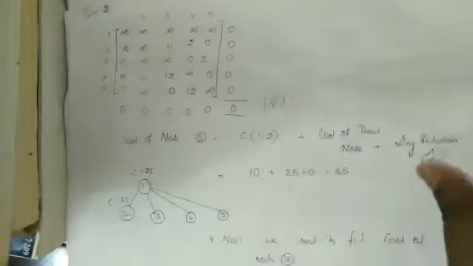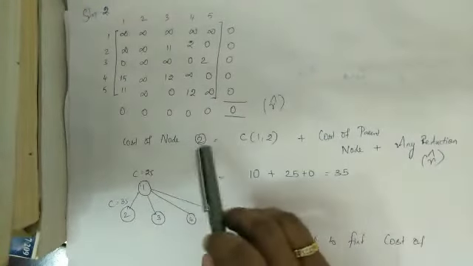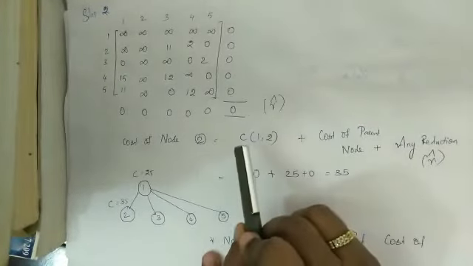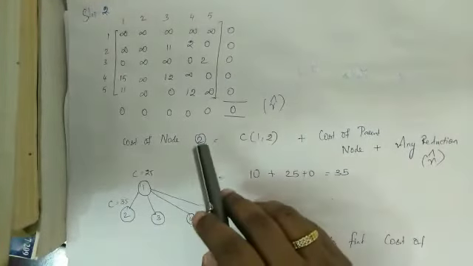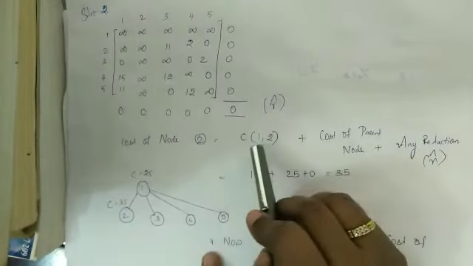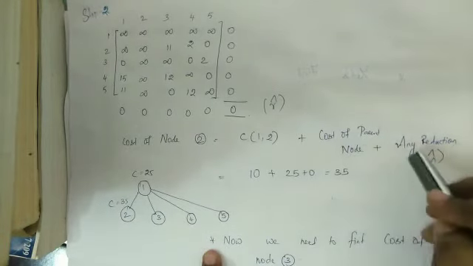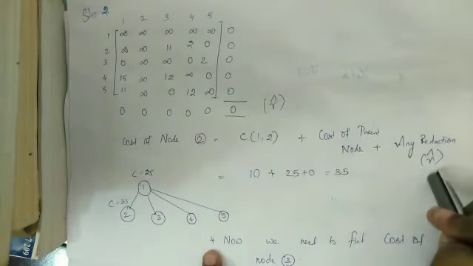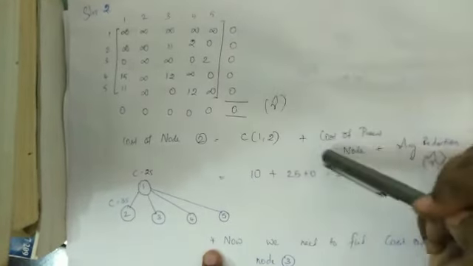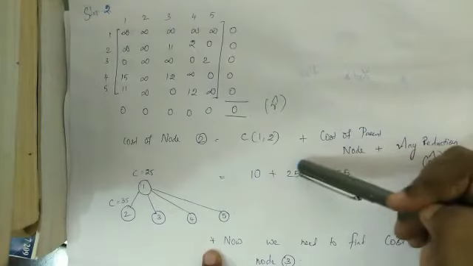Alright, so now we are going to find the cost of node 2. The cost of node 2 is the original cost of traveling from node 1 to 2, plus the cost of the parent node, that is node 1, plus the reduced cost. We did not find any reduced cost, so that is 0. The cost of the parent node is 25.